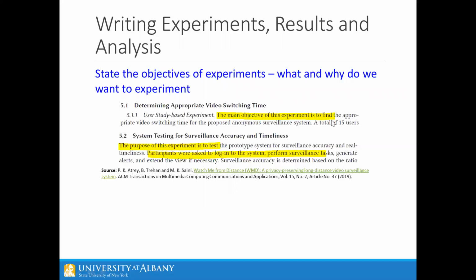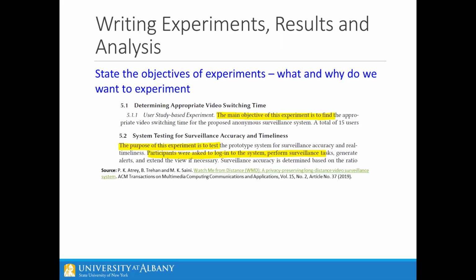The objective should be listed. For the second experiment, system testing for surveillance accuracy and timeliness, the purpose of this experiment is to, so again we are listing the objective and also describing in a little more detail what participants were supposed to do and so on, which could well be the case for you as well.